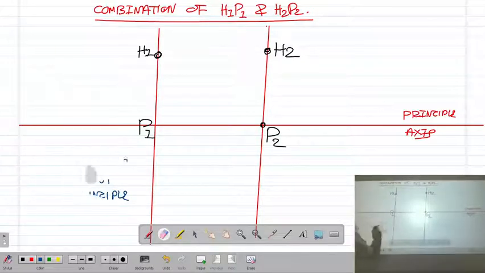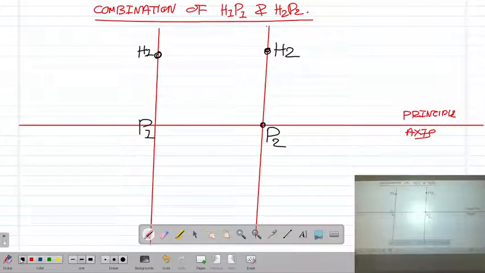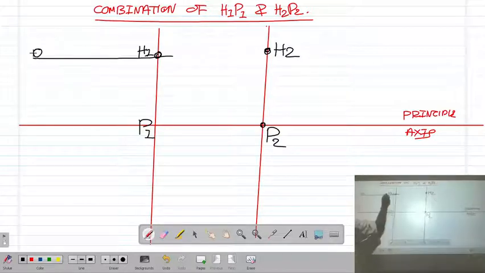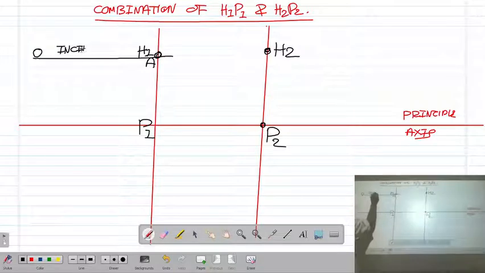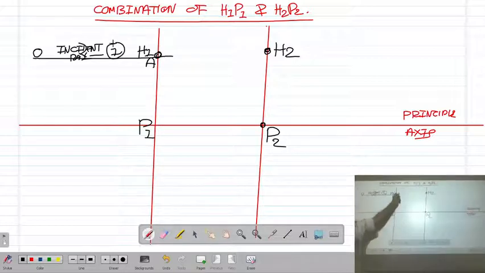Now I consider two rays. One ray is OA, the incident ray one. As you know, the ray of light OA travels parallel to the axis and is incident on H1.